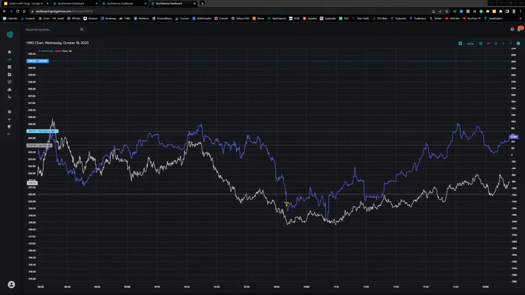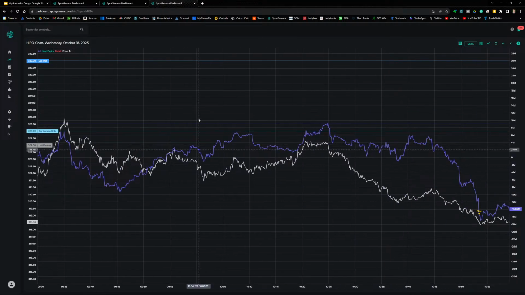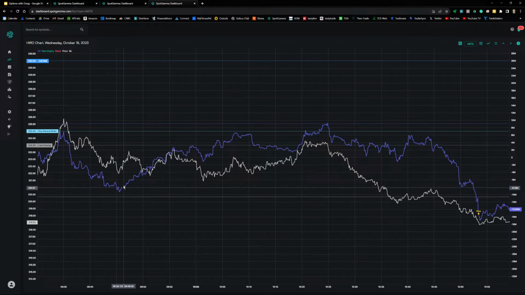Here is the 325 key gamma strike that did act as resistance. And there was a pretty clear signal in Hero that options traders were fading that move higher at that 325 key gamma strike. So let's go take a look at Bookmap.